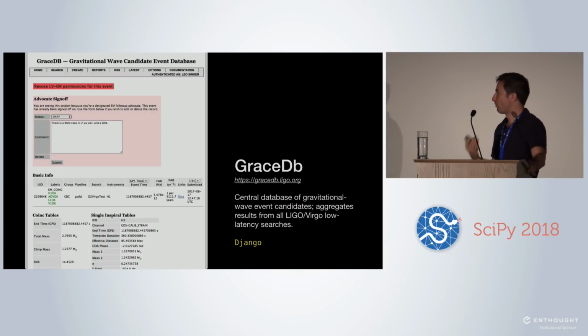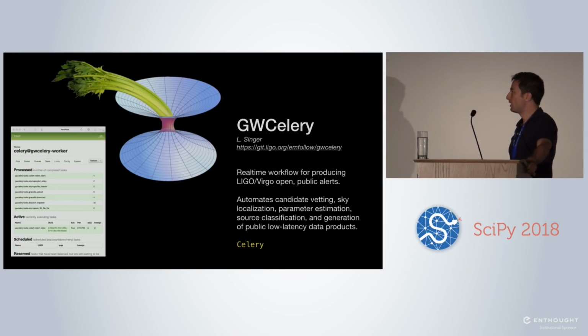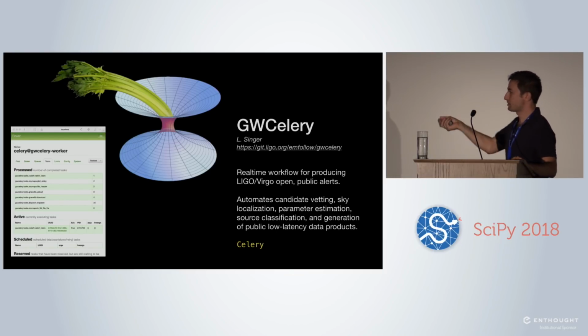So we've determined the parameters, and now we need to send an alert to astronomers. We pool together all of the results from all of our different pipelines using GraceDB, which is our central marshal and clearinghouse. And this is written in Django, as you would expect. Then we need to do follow-up analyses, such as running that rapid sky localization, vetting candidates and deciding which ones are reasonable to send out, and generation of the data products that we want to send to astronomers in low latency.